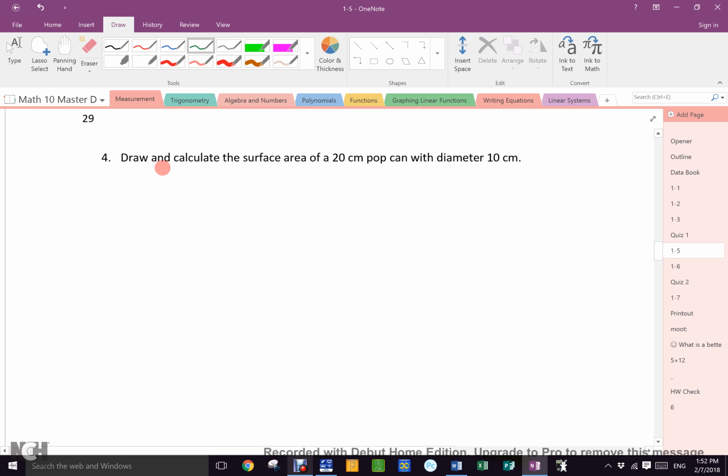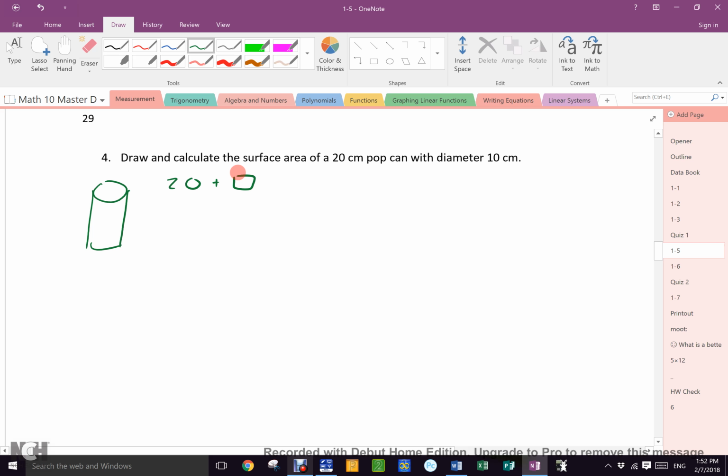All right. Calculate surface area of pop can. What shape's pop can? Cylinder. What shape's the cylinder? Circle on the top, circle on the bottom, and what's in the middle? A bunch of circles. Stack of... No. Rectangle. Rectangle, right? So we know that a cylinder is 2 circles plus a rectangle, yeah?